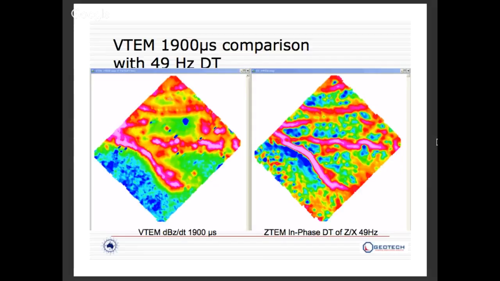So this is a comparison between some P10 results at 1900 microseconds, and this is with 49 hertz, seen in phase with the total divergence inverted. So we see the anomaly exactly at the same spot for the same area.